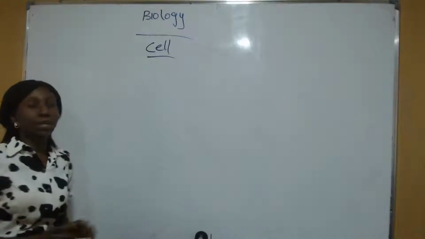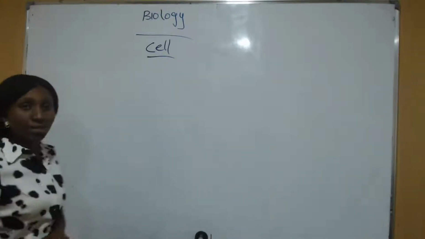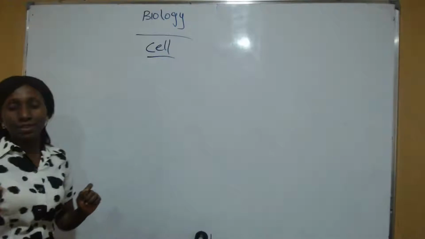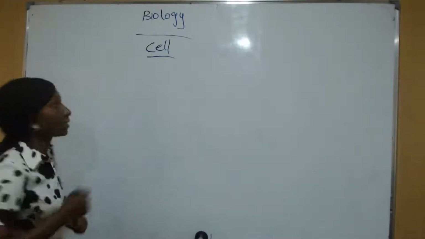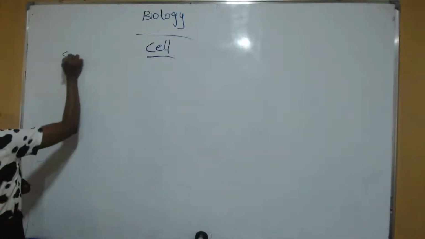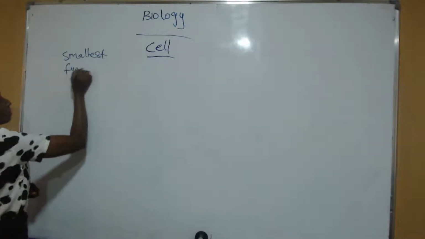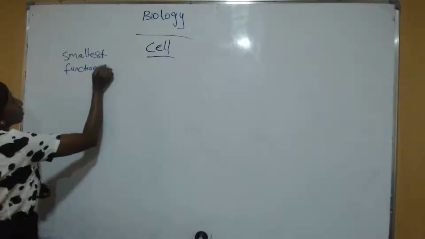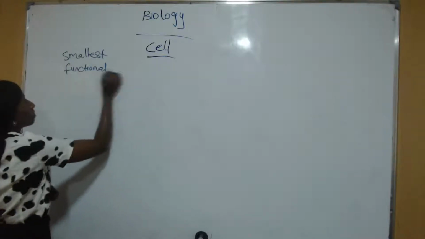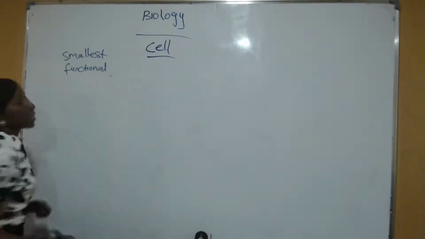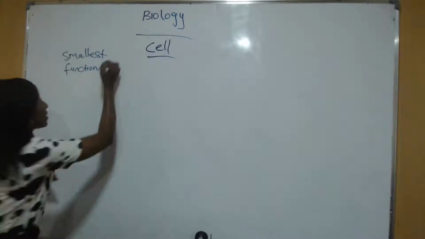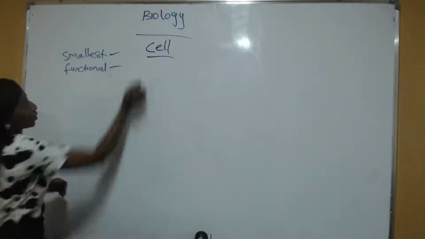What is a cell? According to biology, a cell is the smallest functional unit of life. There are two keywords there: smallest and functional.